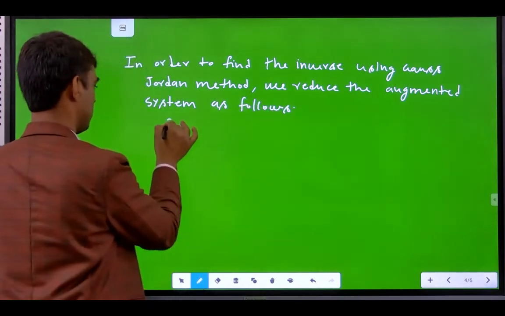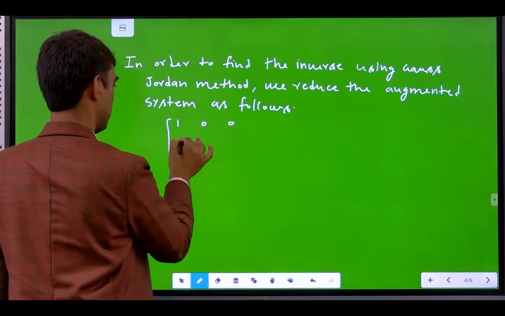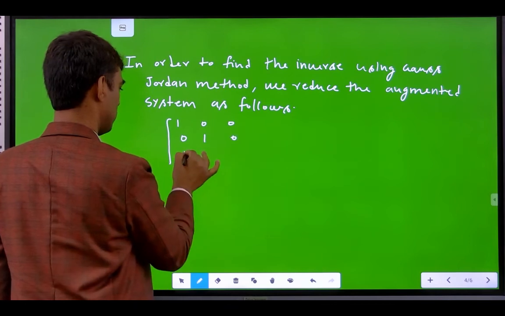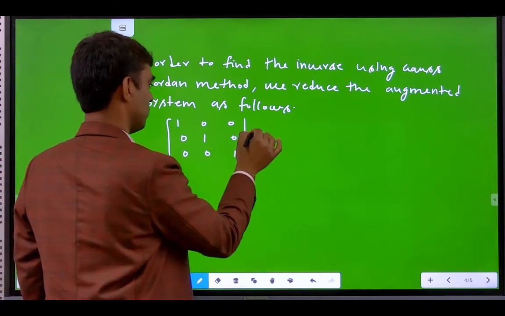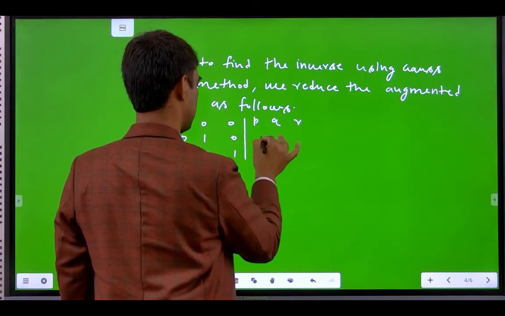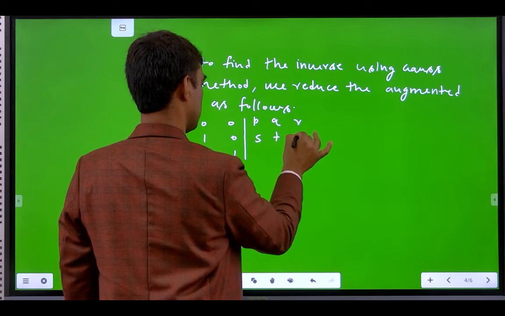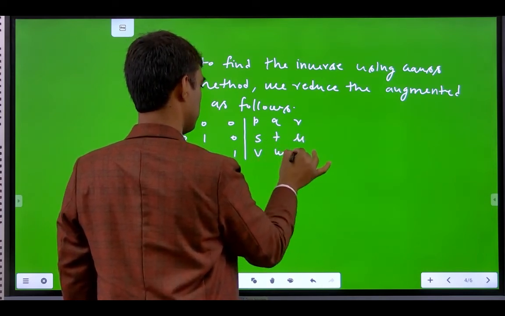This is converted into 1 0 0, 0 1 0, 0 0 1, partition, and suppose this is P Q R, S T U, V W X.